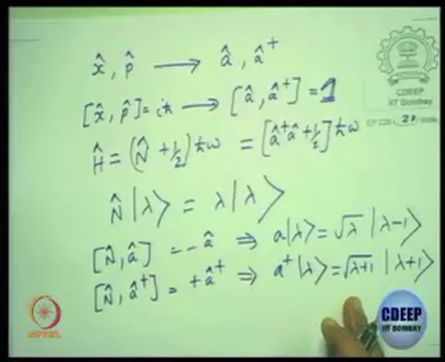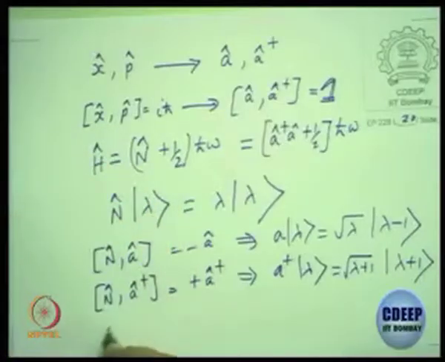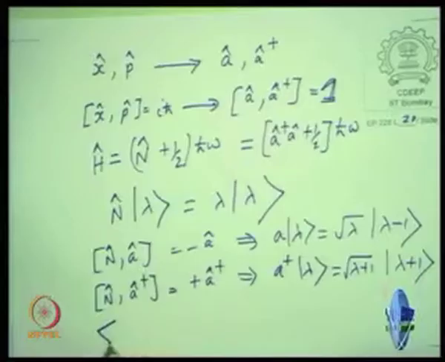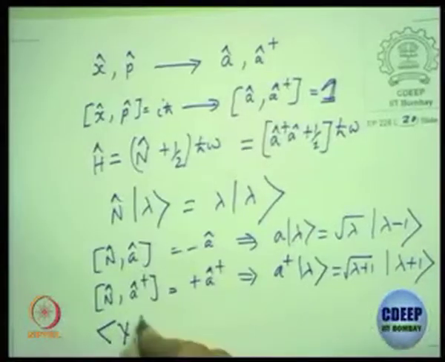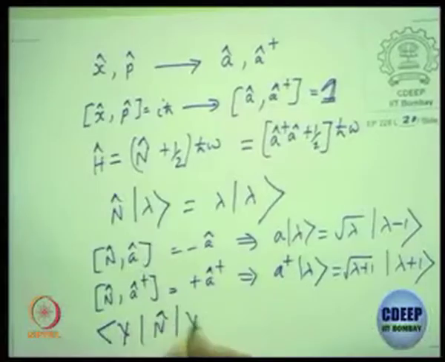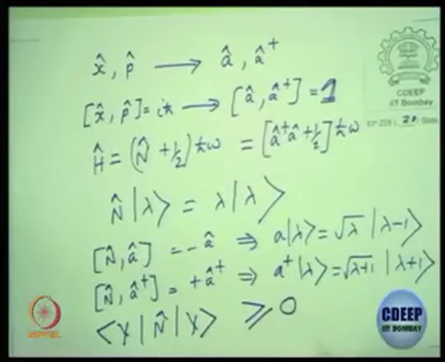So using all this information, if we keep going, we have to make sure that any state which I write, a state chi with the number operator, some state chi, I need this to be always greater than or equal to 0.